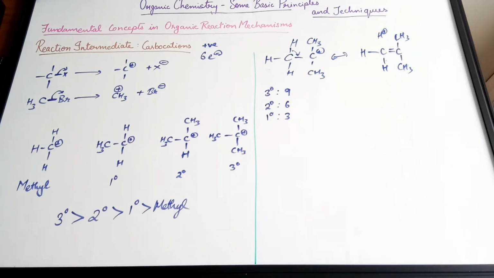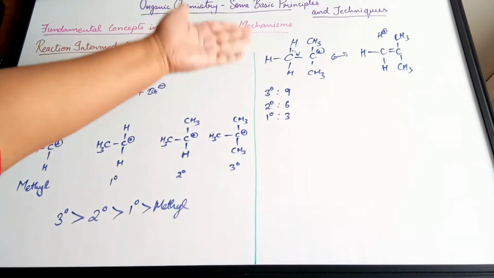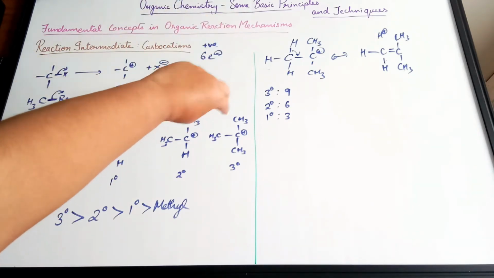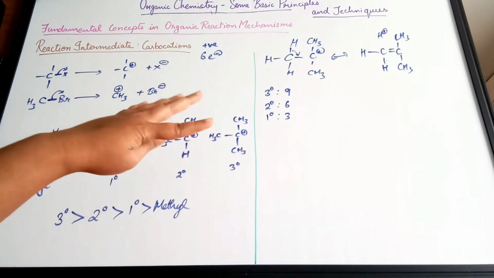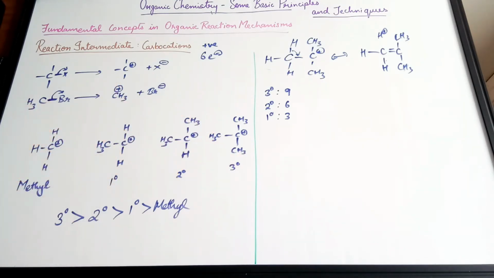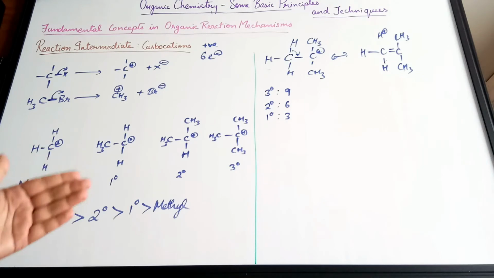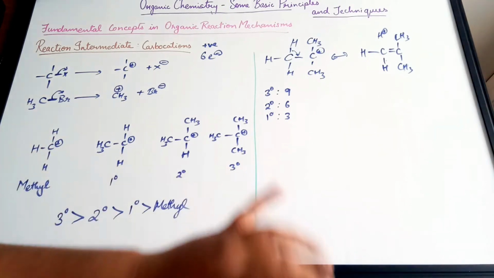In case of hyperconjugation, the more hyperconjugative structures, the more the stability. Tertiary has 9 hyperconjugative structures, secondary just has 6, primary has 3, and methyl will not form any hyperconjugative structures. And that again explains the stability of the carbocation.